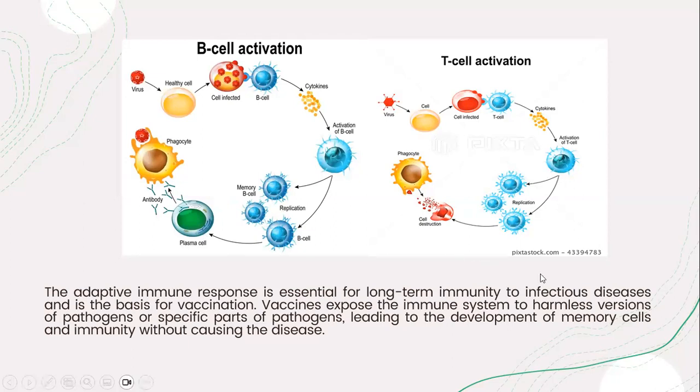So that's why, for example, if you got infected by one version of the flu, later down the line you would probably not be infected again with that same flu. Maybe you would contract it, but the symptoms that you would face would not last as long as when you initially got it.